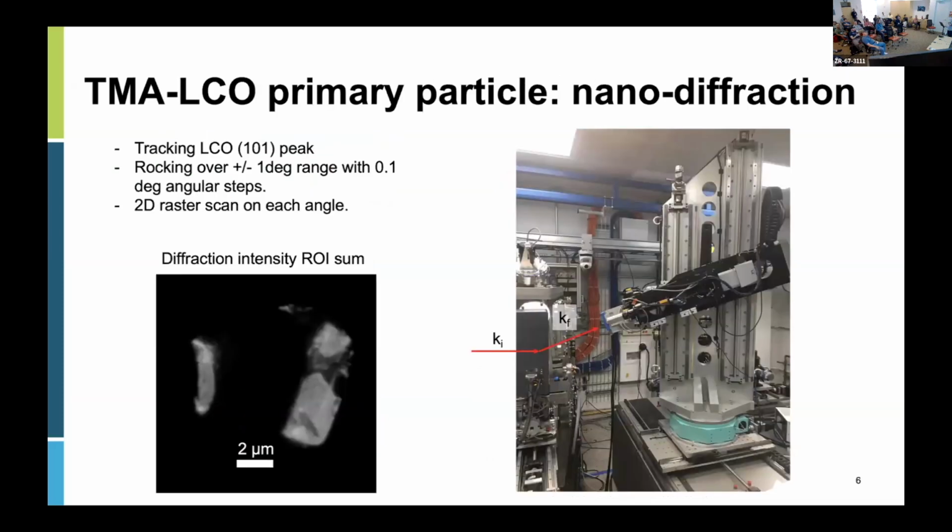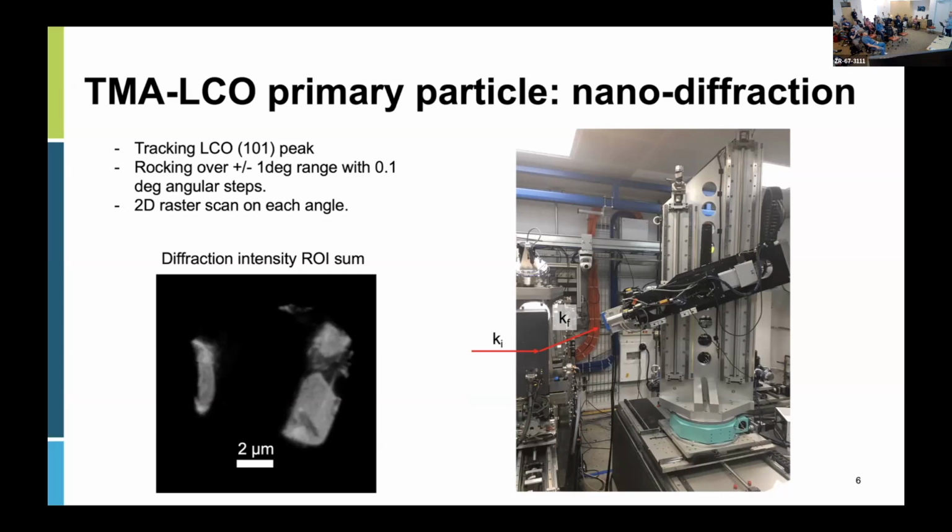And in order to investigate what's the impact of doping brought to the crystal lattice, we performed a nano diffraction measurement from the same primary particle. For this measurement, the pixel area detector was oriented to catch the 101 Bragg peak, and the sample was rocked between ±1 degree angular range with 0.1 degree angular step size.